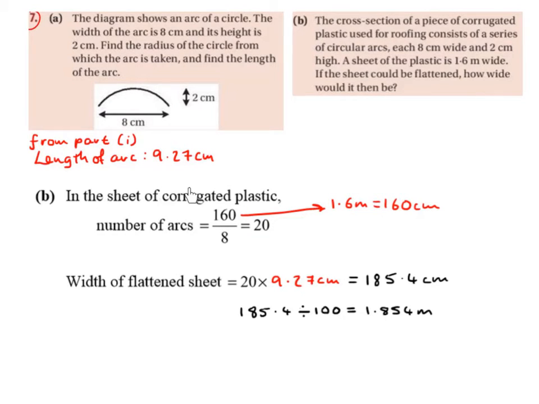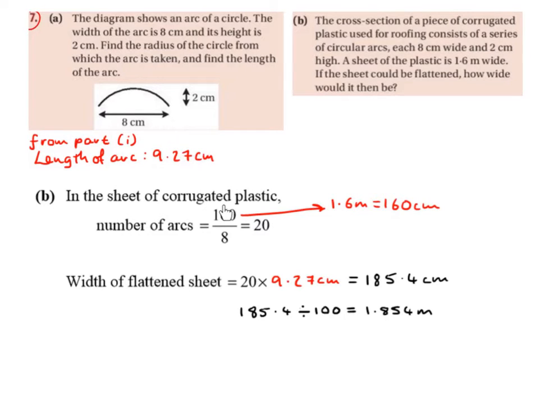In the sheet of corrugated plastic, the number of arcs is going to be 160 divided by 8, which is going to be 20. We've got 160 because we were told that the sheet of plastic is 1.6 meters wide and 1.6 meters is 160 centimeters. And we know that each of the arcs is 8 centimeters wide.